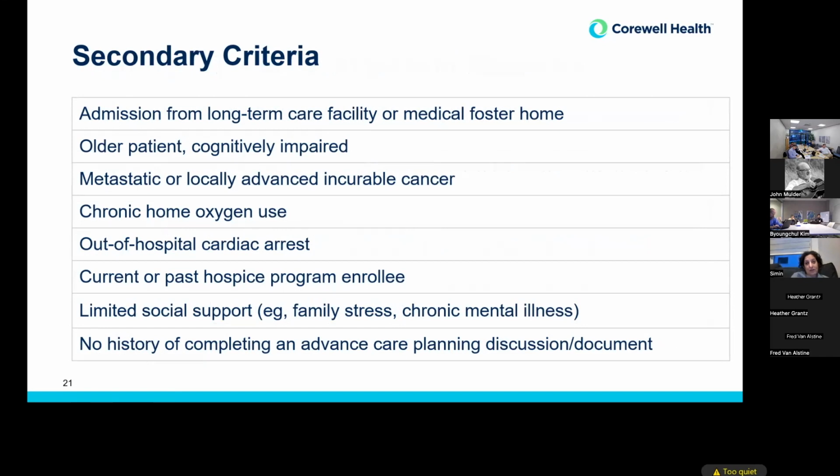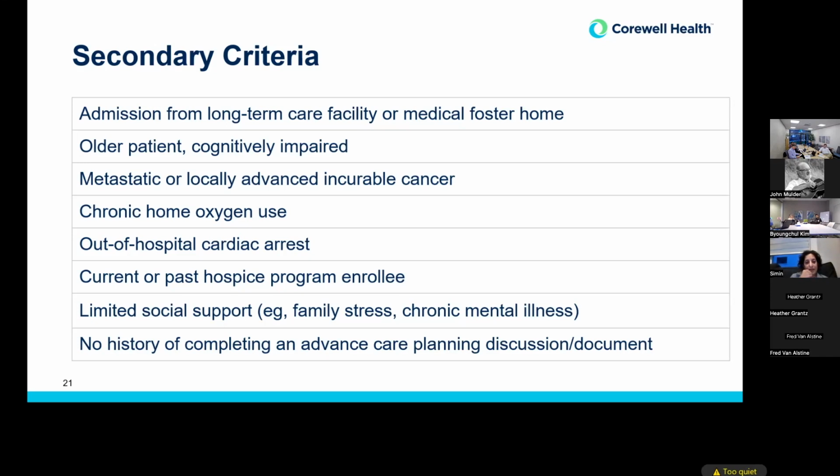Older patients that are cognitively impaired, and even just older patients, I'm not ageist, but it is very true that older patients just don't compensate well for heart failure. So even though that alone isn't a criterion, these are secondary criteria that may make you want to pause and think maybe of palliative care.